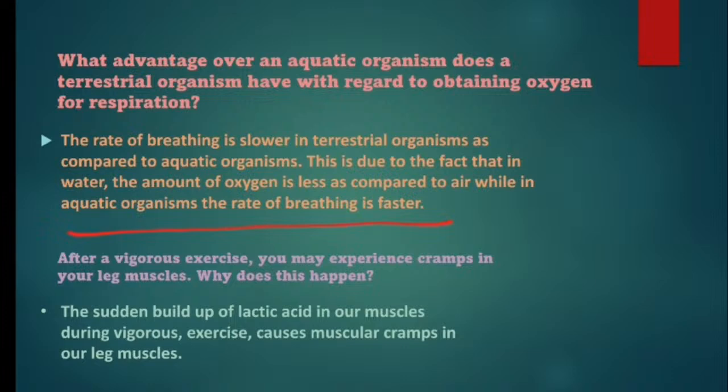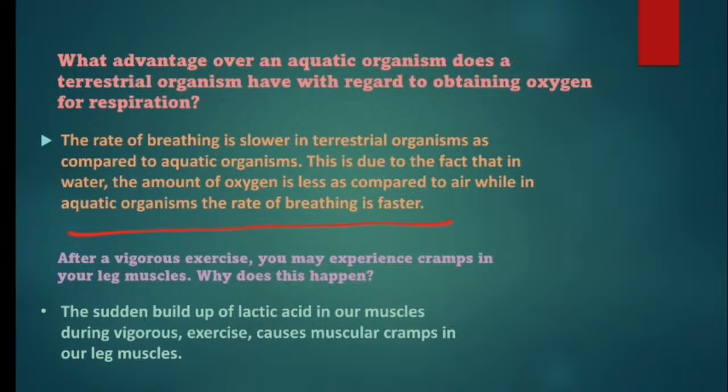Okay, after a vigorous exercise, you may experience cramps in your leg muscles. Why does this happen? So you have studied two types of respiration. One is aerobic and one is anaerobic respiration. So what happens when you continuously do any physical activity? There is a cutoff of supply of oxygen.